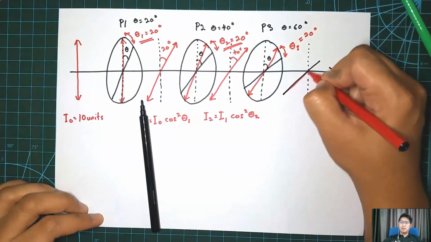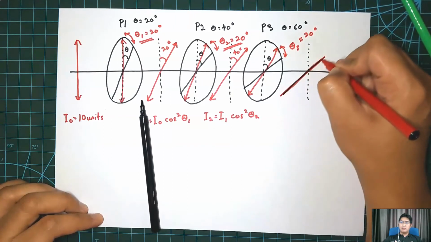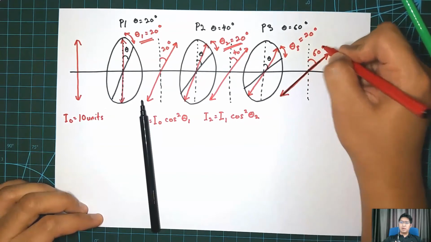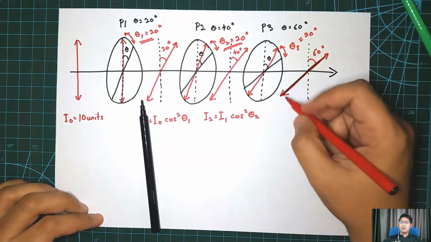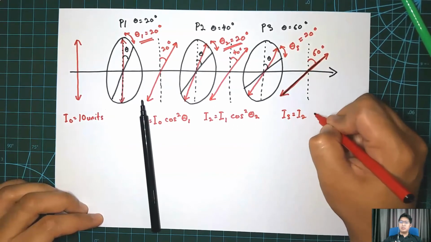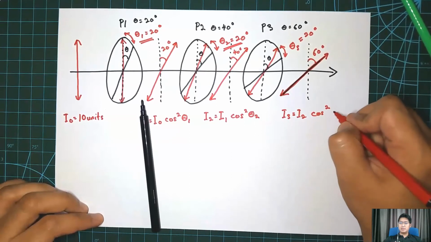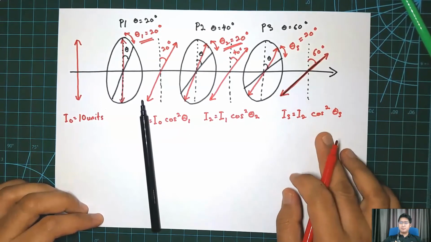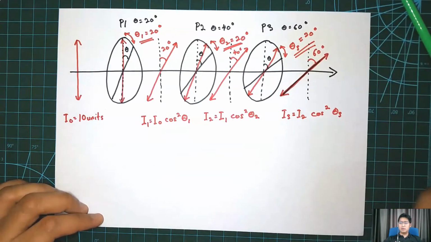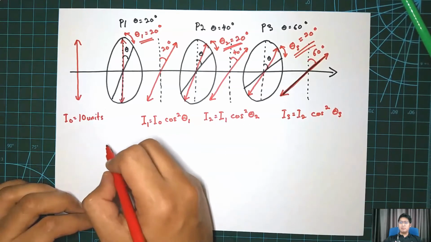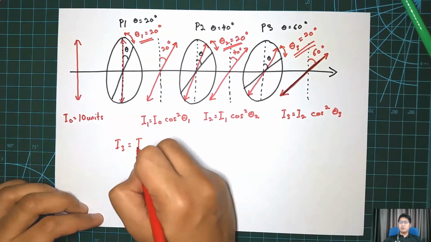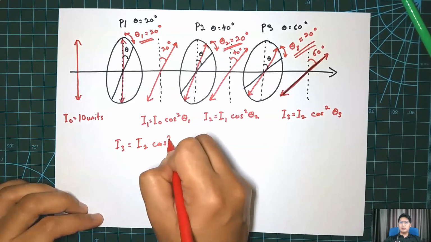The light that is coming out from the third polarizer must follow the direction of the transmission axis of the third polarizer, and it makes a 60 degree angle with respect to the vertical axis. Okay. Here for the intensity, it also follows Malus's law. Sorry, I3 equals I2 cos square theta 3.